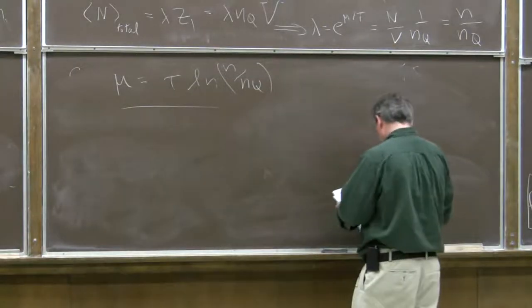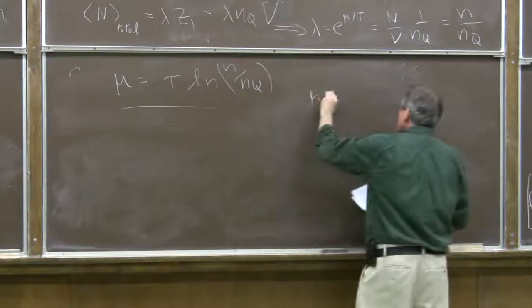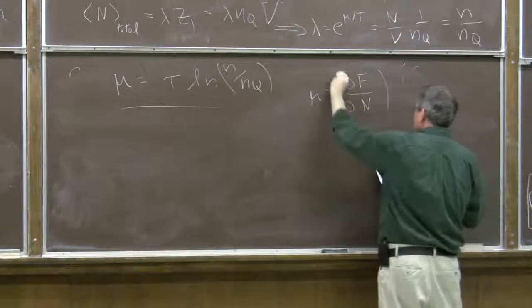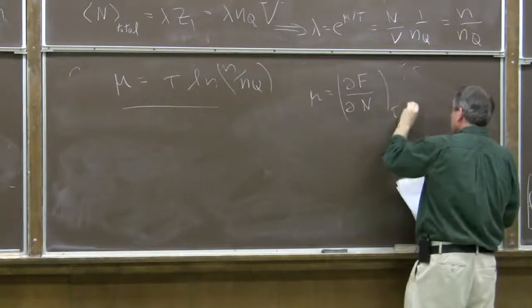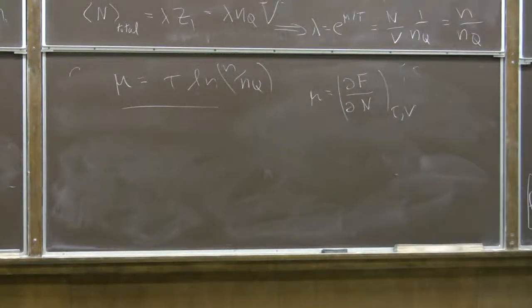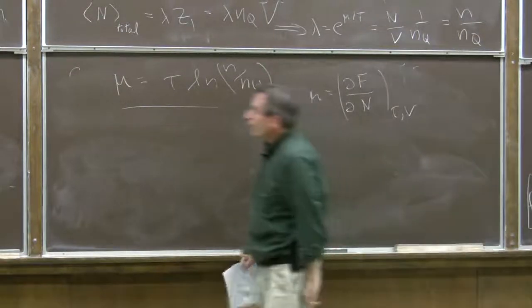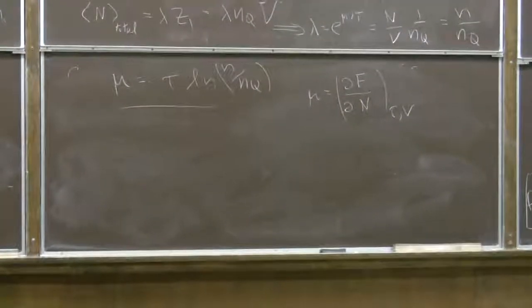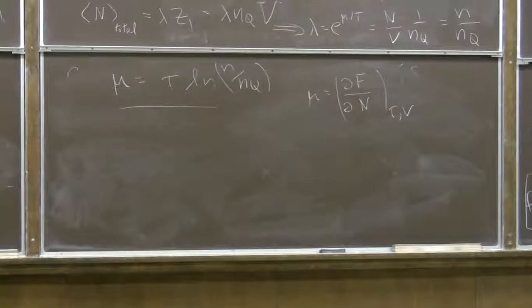Because the chemical potential is the derivative of the free energy with respect to the number of particles at fixed temperature and volume. So before we had to put in that correction for the indistinguishability of the particles by hand. We added that 1 over n factorial to the partition function. But here, that's all been taken care of for us by the Fermi-Dirac or Bose-Einstein distribution. Of course, they're the same thing in the classical regime.